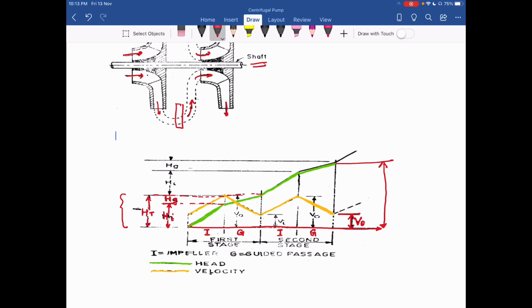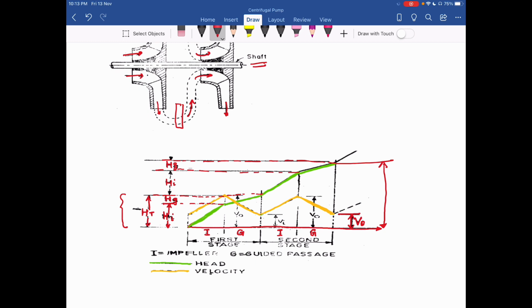Then in the second stage, this is my HI, head increase in the impeller from here. Okay, and in the guide blades up to here.